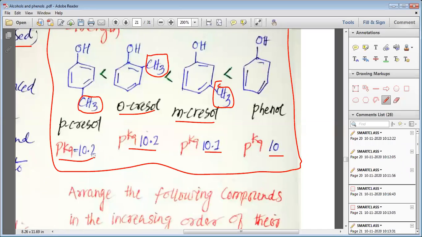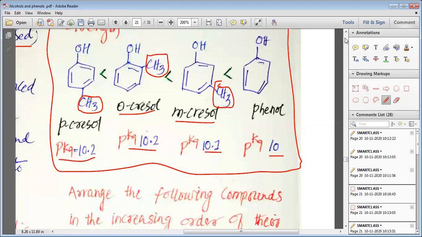As the pKa value increases, acidic strength decreases, and that is why phenol is the most acidic among the phenol and various cresols, whereas paracresol and orthocresols are equally acidic and they are less acidic than phenol. This metacresol is more acidic than paracresol and orthocresol but less acidic than phenol.